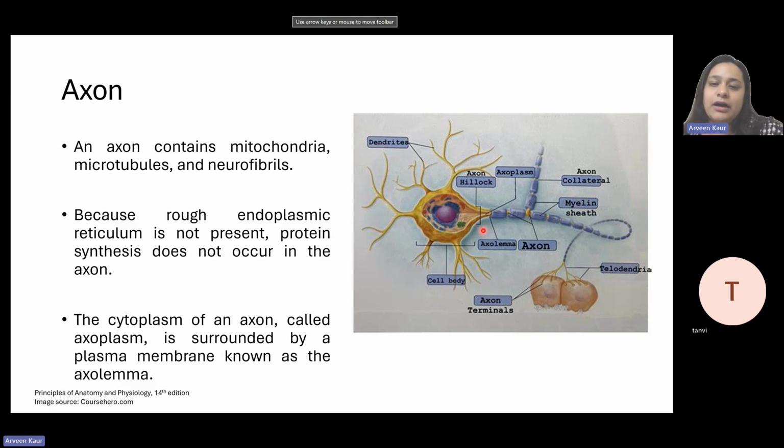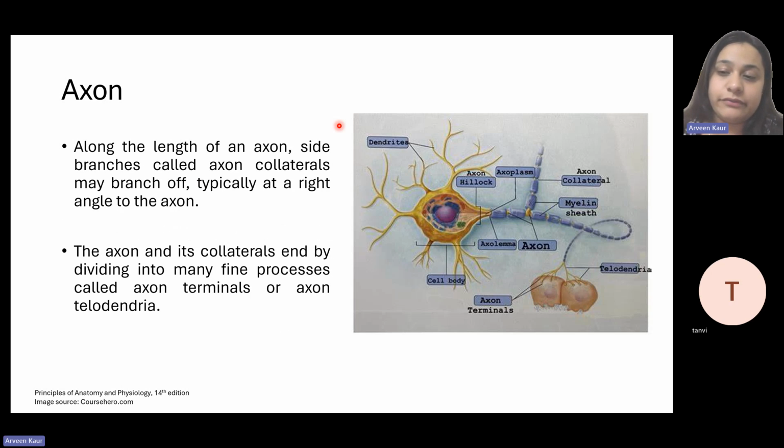Axoplasm is contained within the axolemma, right? This plasma membrane may be special because it has some specific additional receptors or channels, which might make this axon different from the rest of the neuron.